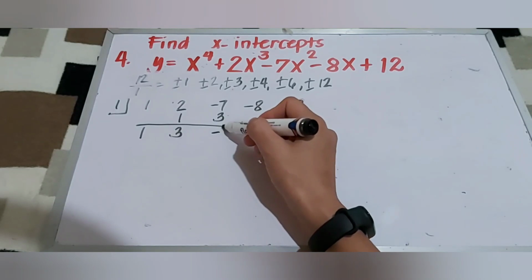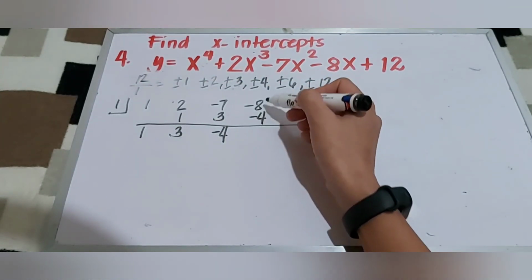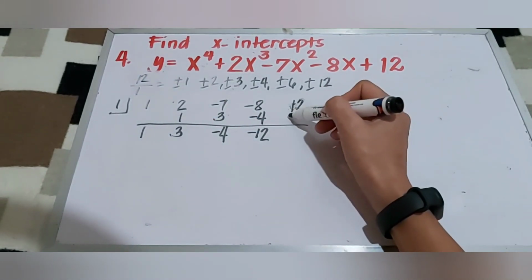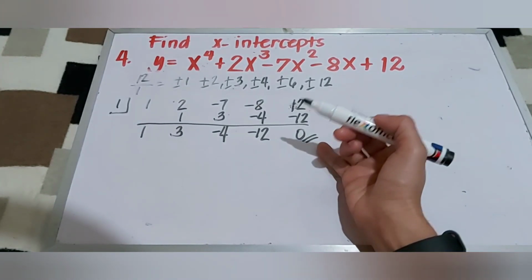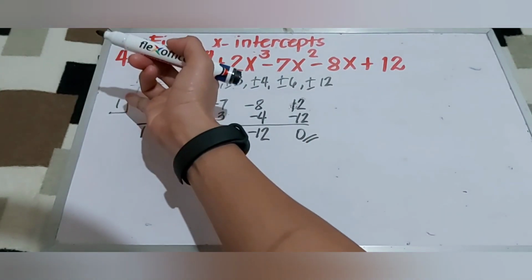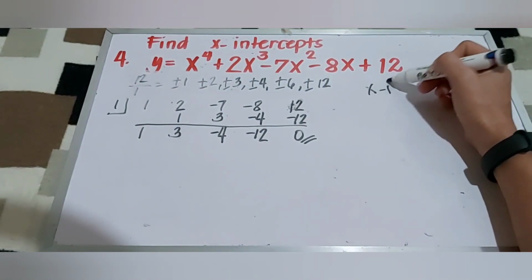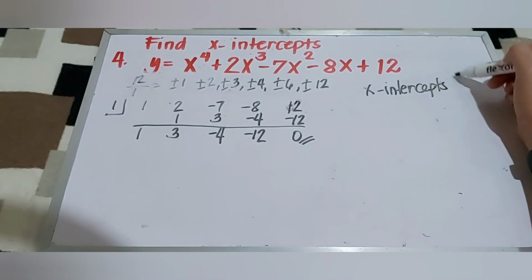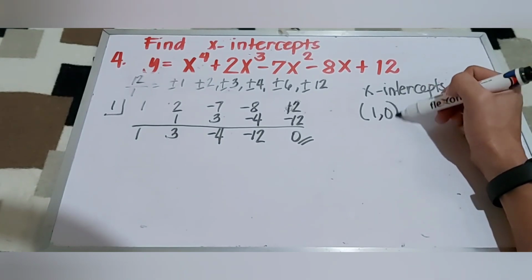Add, this is negative 4. Multiply, that's negative 4. Add, this is negative 12. Multiply, that is negative 12. And this is 0. Since 0 na ang ating remainder, we take this as zeros or roots, and we have our first x-intercept. This is positive 1 and 0.